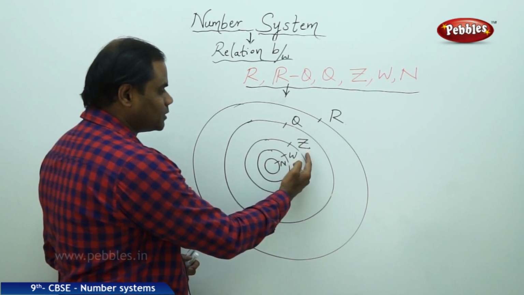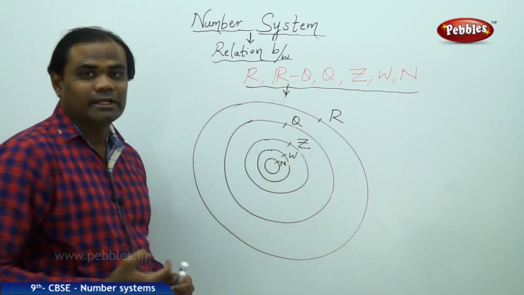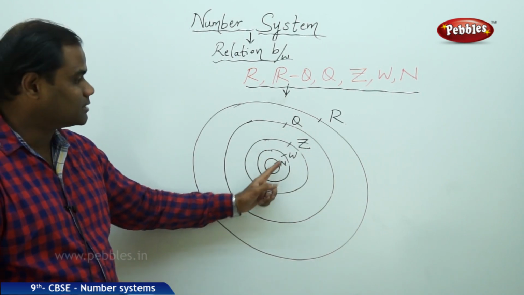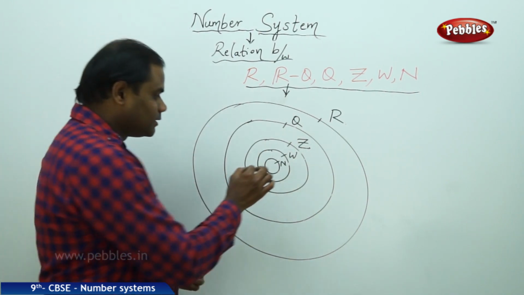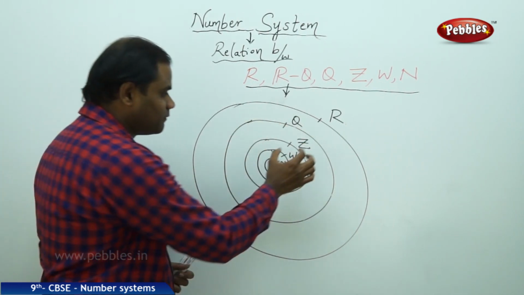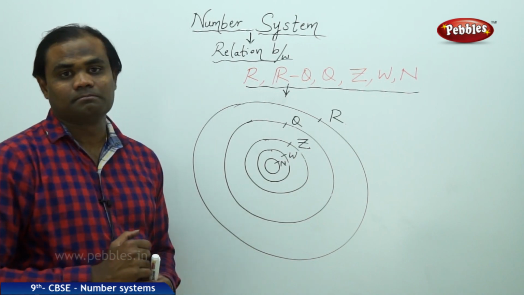But if you go the other way, every integer is not a natural number, because Z is not inside N, but N is inside Z. So every natural number is an integer, but every integer is not a natural number.